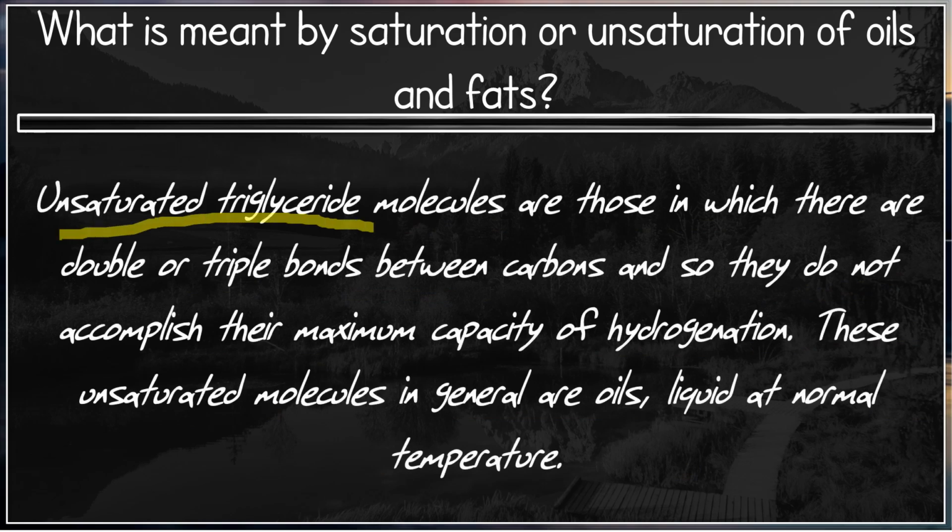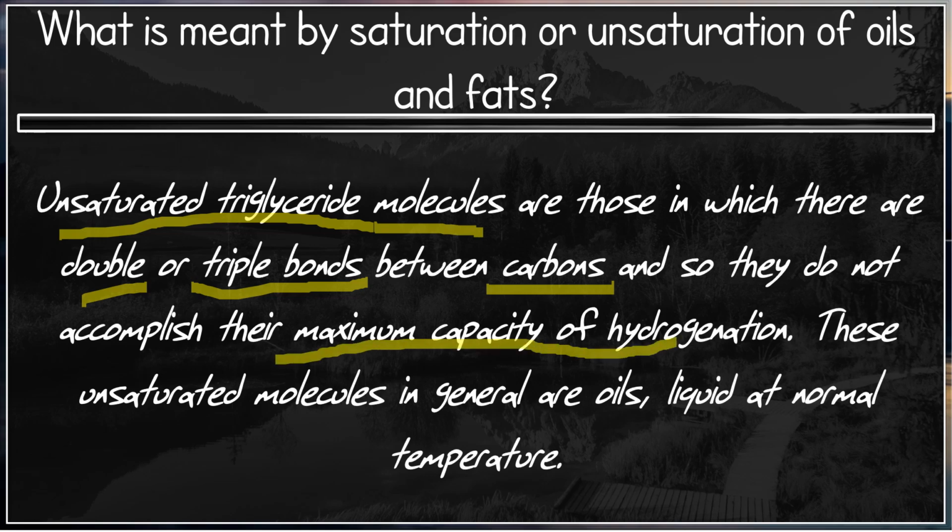Unsaturated triglyceride molecules are those in which there are double or triple bonds between the carbons, so they do not accomplish their maximum capacity of hydrogenation.